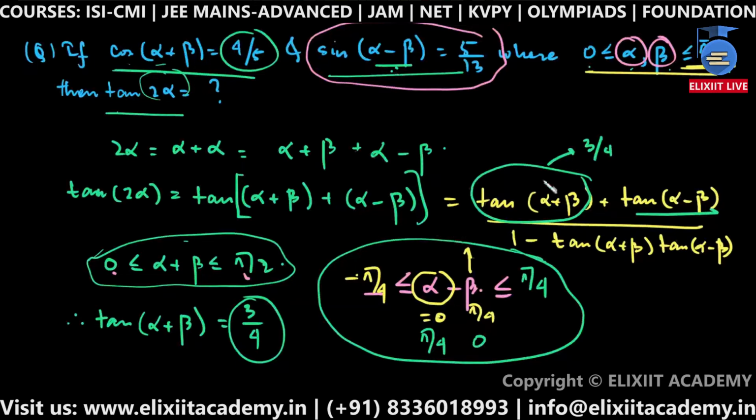So in this case, if this is positive, then alpha minus beta, this theta, actually cannot lie between minus pi by 4 and pi by 4. Okay.